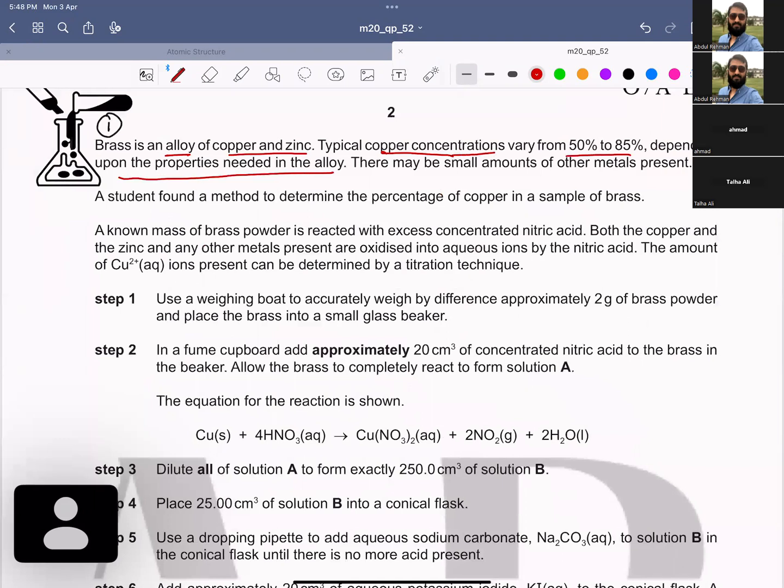There may be a small amount of other metals present as well. So they have kept the composition of copper from 50% to 85%, and they said that there might be some other metals present.